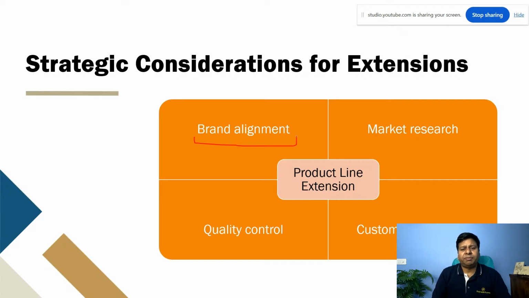If they come up with some different kind of solution, like selling cloud space, that will be altogether a different strategy, a different product, but it will not be the line extension of the existing product. So whenever we are talking about line extension, we are talking about one specific product and we are creating a different product line for that product. Make sure the product is aligned with your brand.